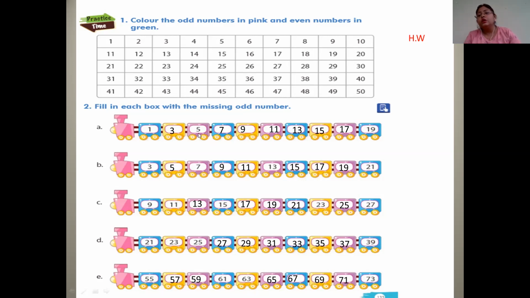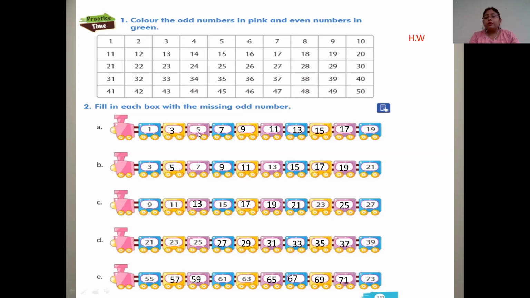It will be 3. So when we add 2 to an odd number, we get another odd number. So here we have 1. When we add 2, it will be 3. Correct. So in 3, when we add 2, it will be 1, 2, 3, 4, 5. So the next odd number will be 5.